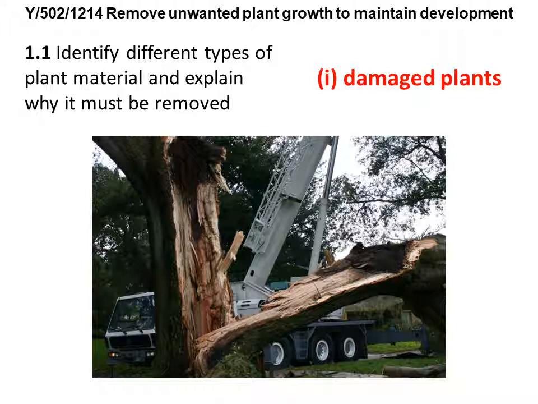But damage is normally a physical thing that we talk about. It's not something that's living in there like a disease or a pest. Eventually, what a pest does creates damaged growth, so it's normally secondary to something. As we can see in this picture, we have a tree that has been damaged either by lightning or by wind, heavy wind and storms.